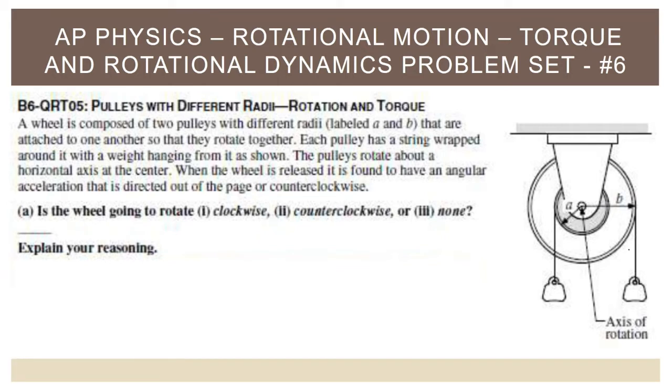That means it has a larger R in the torque equation, and so that should be the one that's generating a larger torque. And this one, because it's pulling down, is going to make the thing rotate clockwise. Now, in most situations, that's not exactly the wrong way to think about it, but they already gave you the information that you needed to answer this question in the problem description.